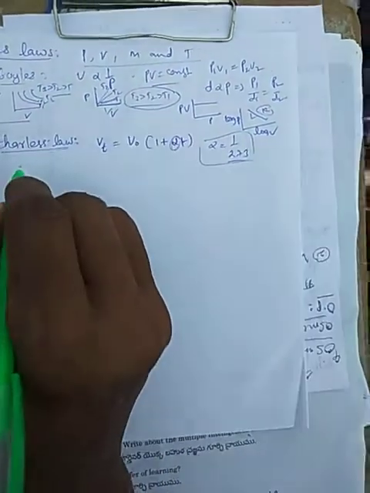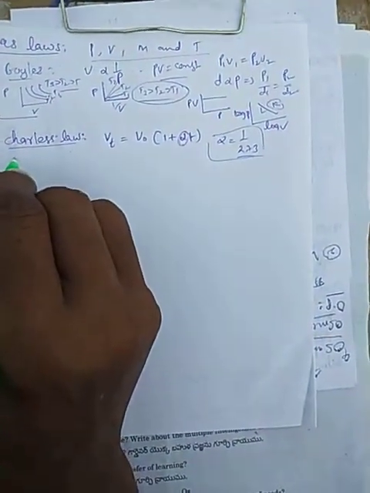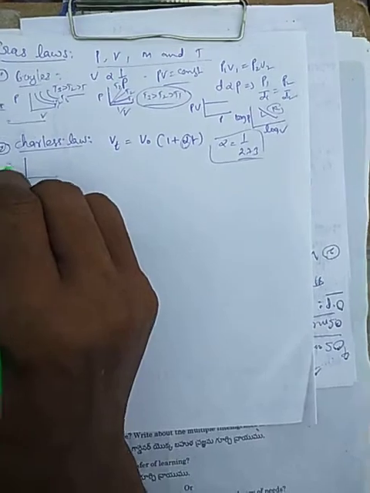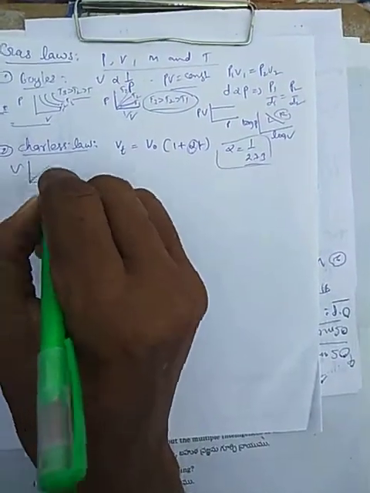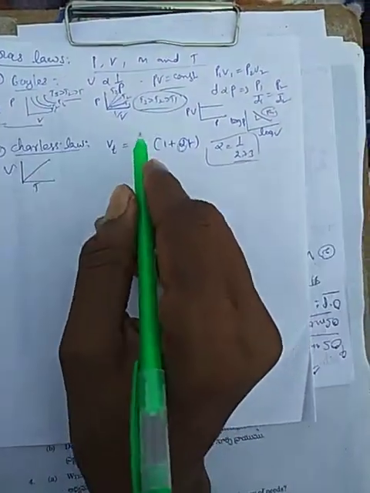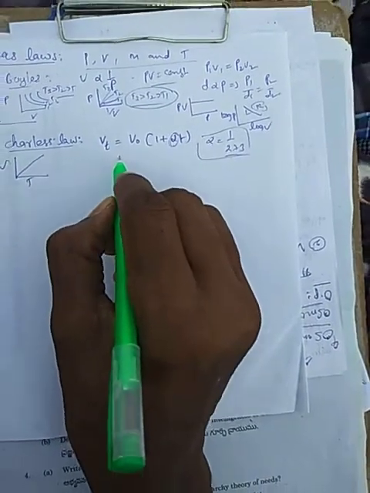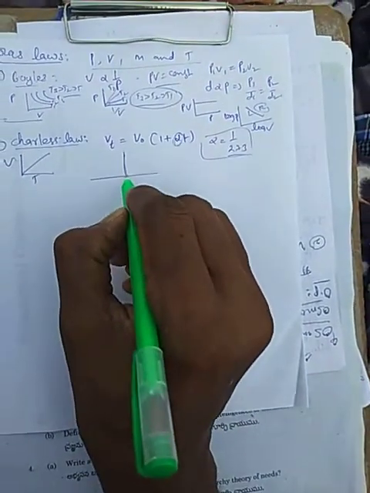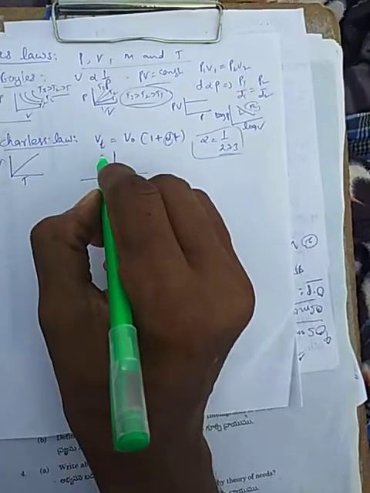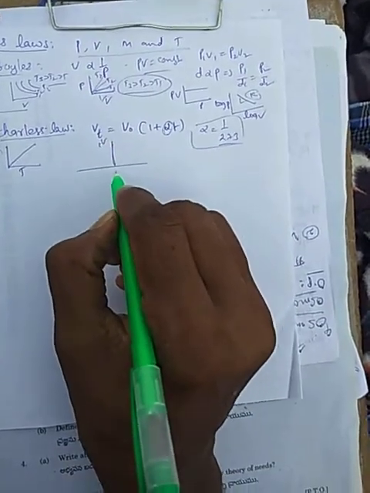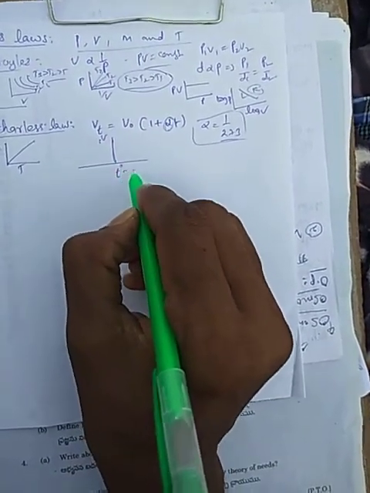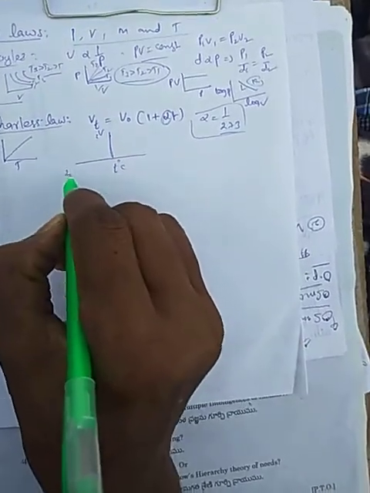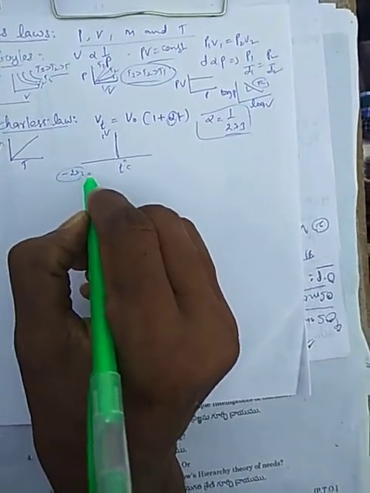By graphical representation for Charles law, we write V versus T. It increases. At T degree Celsius, the volume becomes zero at minus 273 degree Celsius.